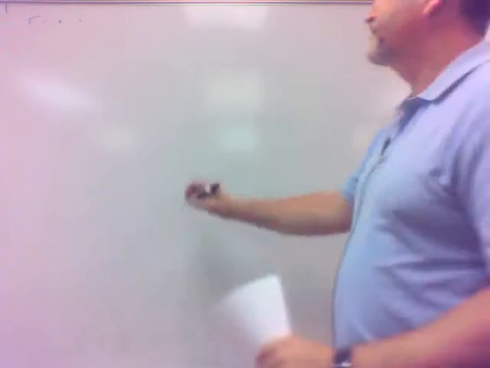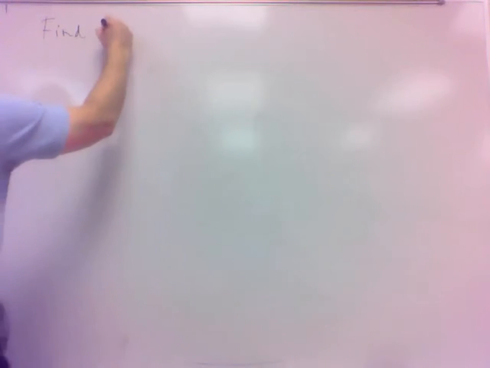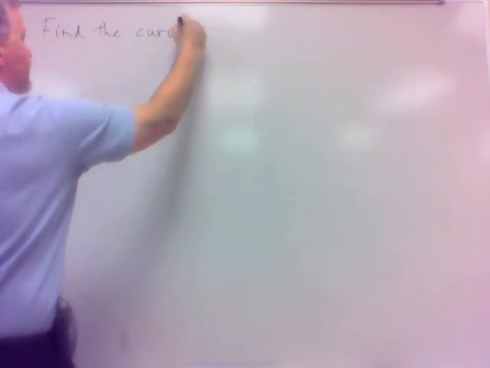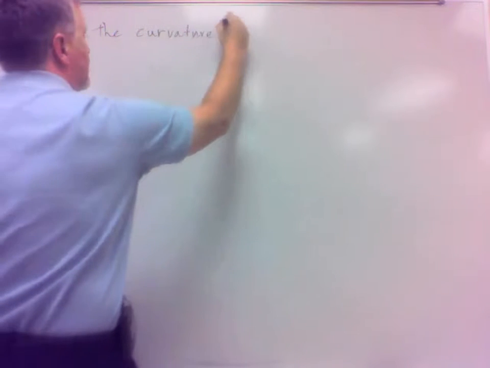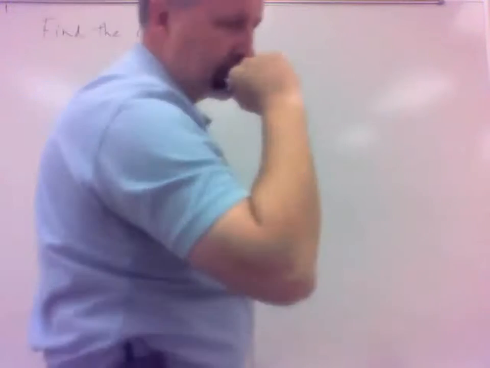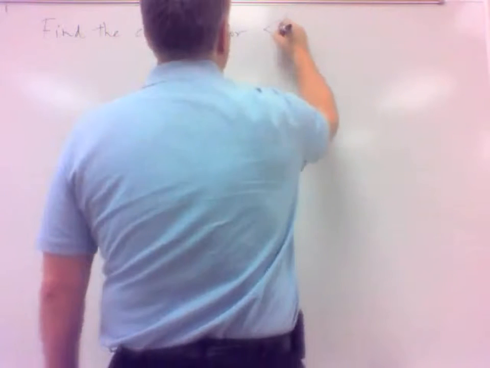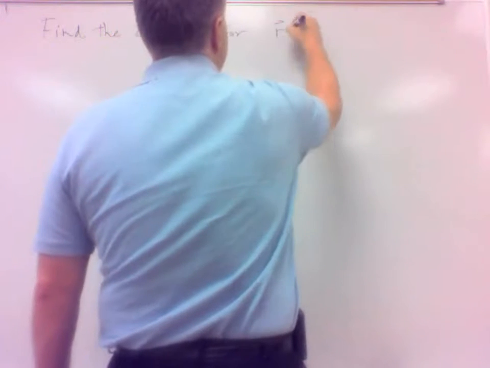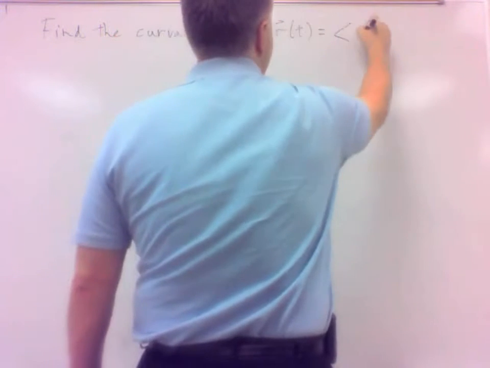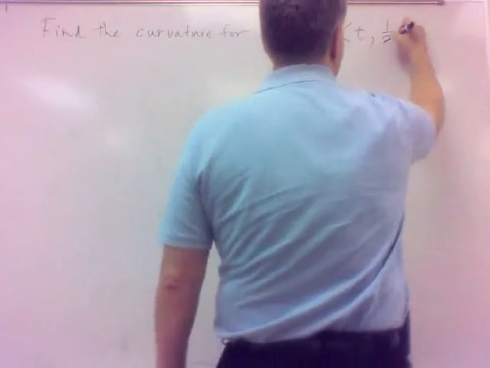the twisted cubic. Let's do the curvature for t, 1/2 t squared, t squared.